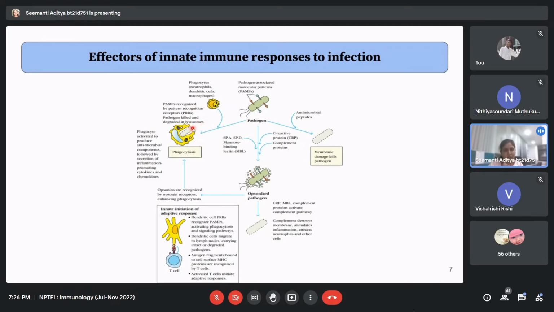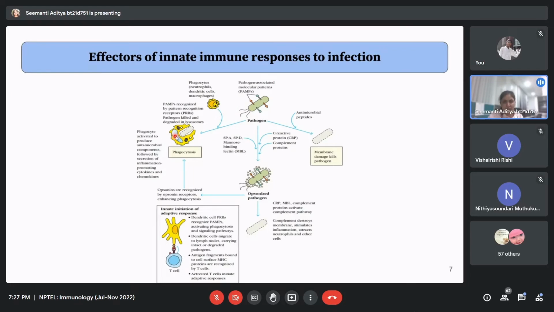Then the macrophages or the dendritic cells will engulf the pathogen, and it will result in the killing of the pathogen by degradation in the lysosomes. Lysosomes are membrane-bound acidic vesicles having hydrolytic enzymes. So once the phagocyte engulfs the pathogen, it will lyse the pathogen by fusing with the lysosomes, and these hydrolytic enzymes will cause the killing of the pathogen.